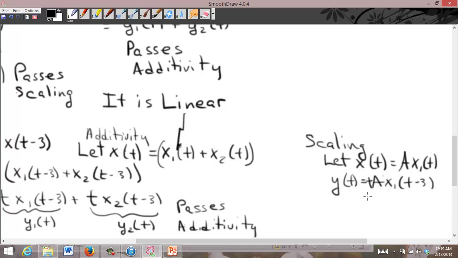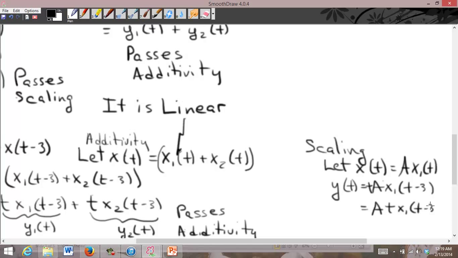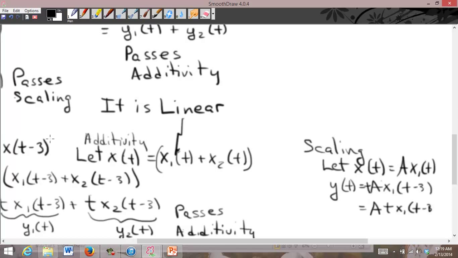Alright, now I'm not quite done yet. I have to do one little change, which is I have to commute the t and the a, because I want a times something, and that something hopefully is y1. So if I commute the t and the a, I get a times t x1 of t minus 3, and this part is in fact y1.